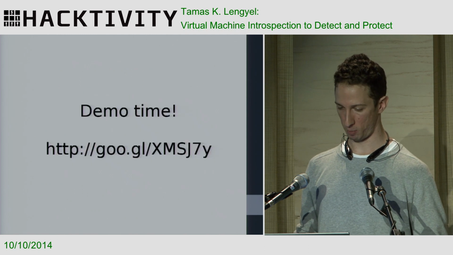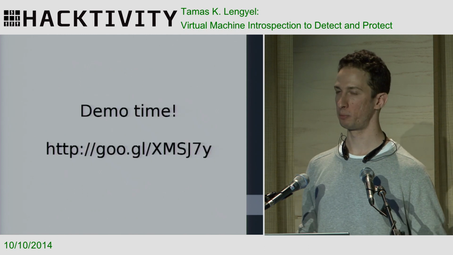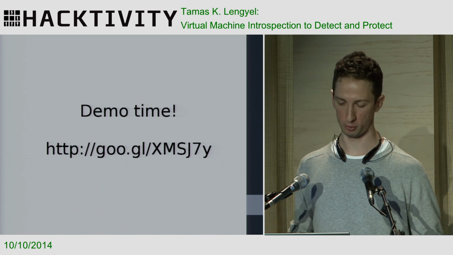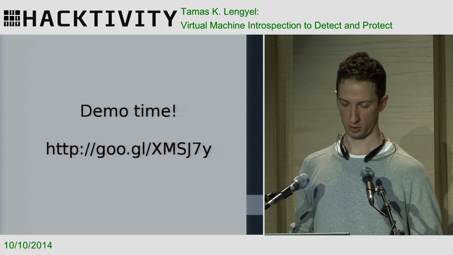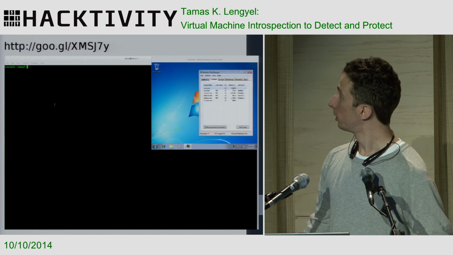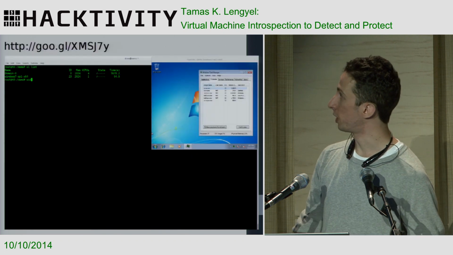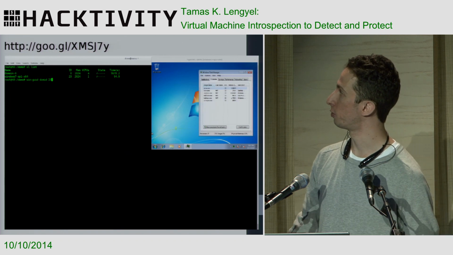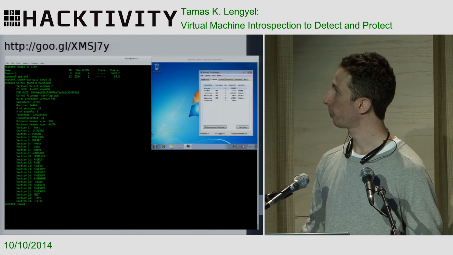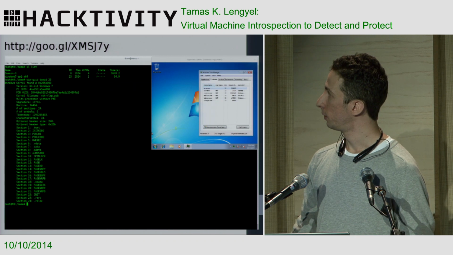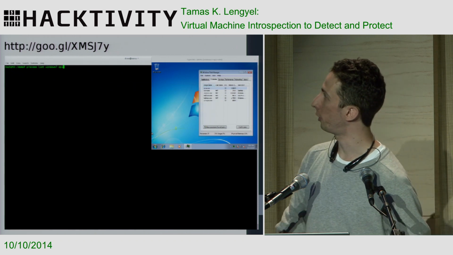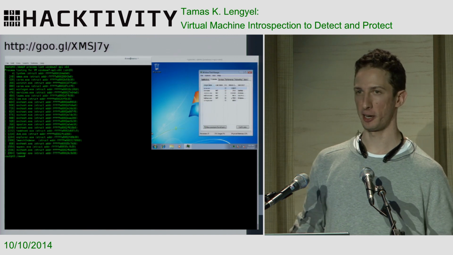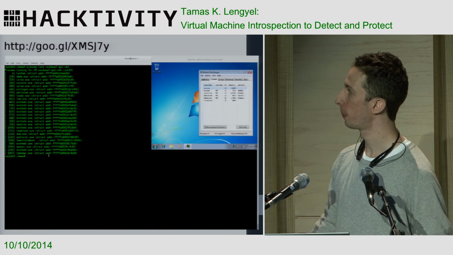So let's do another demo. This has been all passive monitoring of the machine, but let's look at active stuff. This time, this is a Windows 7 64-bit Service Pack 1 VM. And what I'm going to do here is actually hijack the execution of a process within that domain.